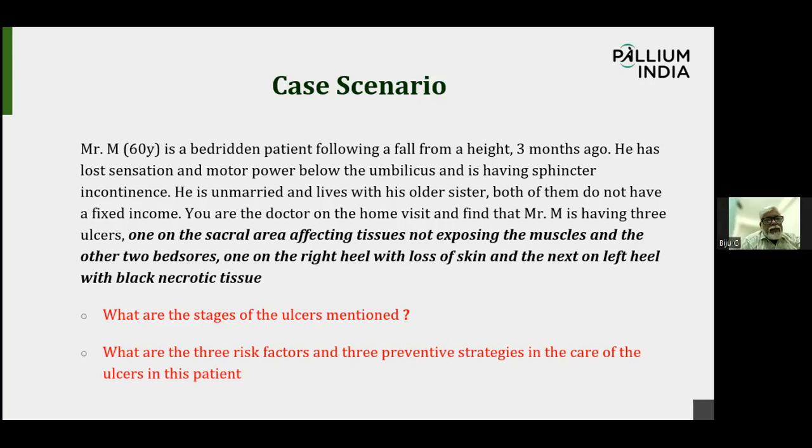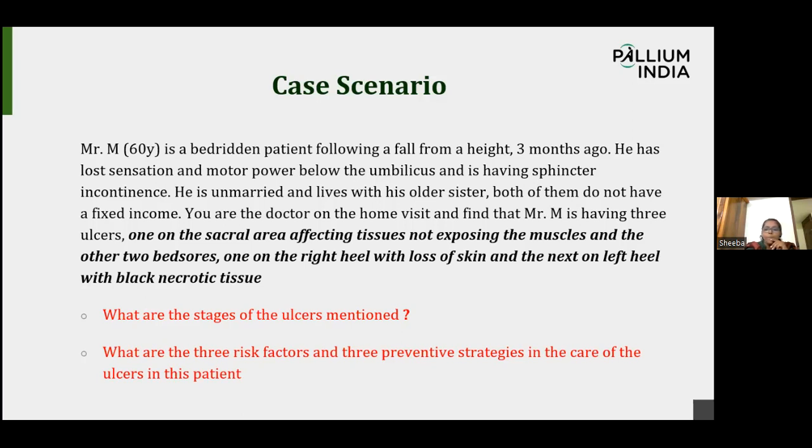Position change is not frequent, because nobody is there to help. So say immobility. Immobility is one of the major risk factors. And as Priya said, sphincter incontinence, the moisture, is another reason.